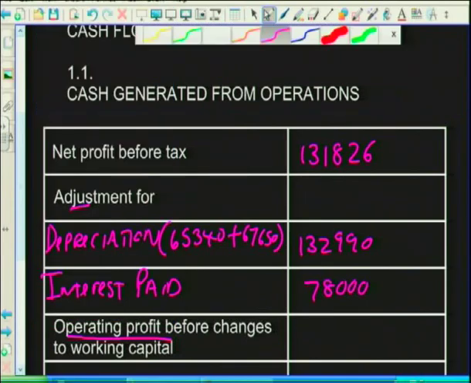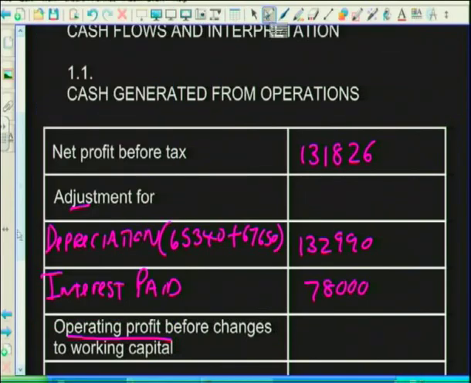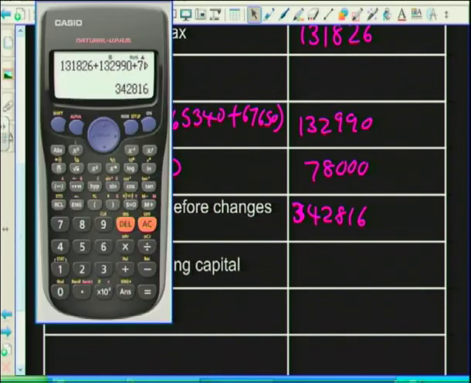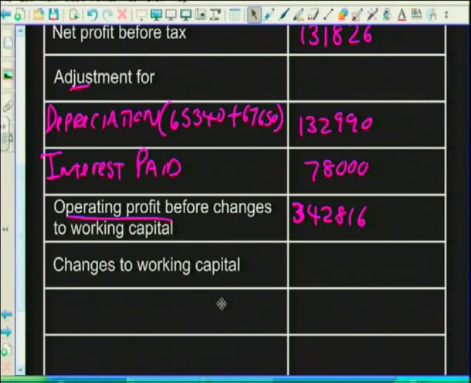Okay, so let's enter that. Operating profit before changes to working capital, an amount of 342,816. Okay, let's just check that. Yeah, correct.